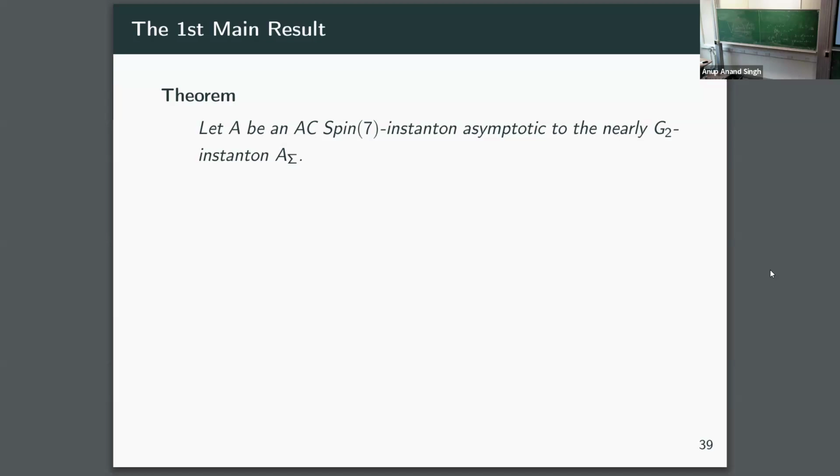So I'll start with an asymptotically conical spin 7 instanton, asymptotic to the nearly G2 instanton A7 on my sigma. I'll call that instanton A sigma.